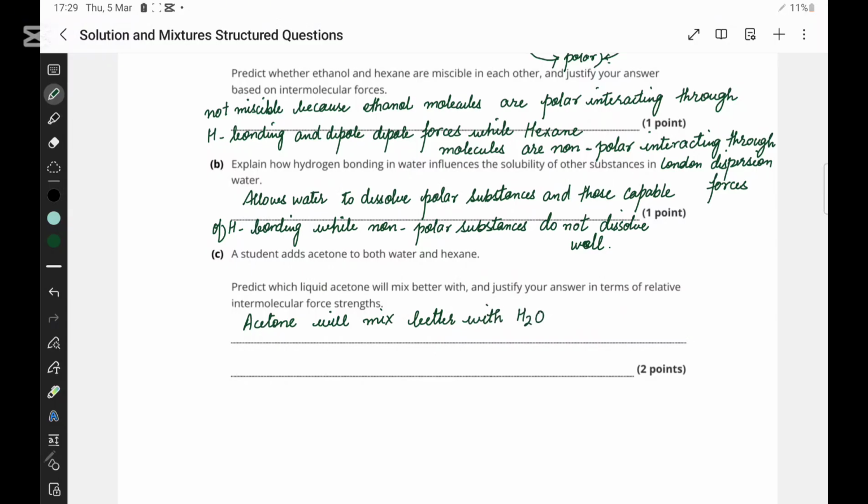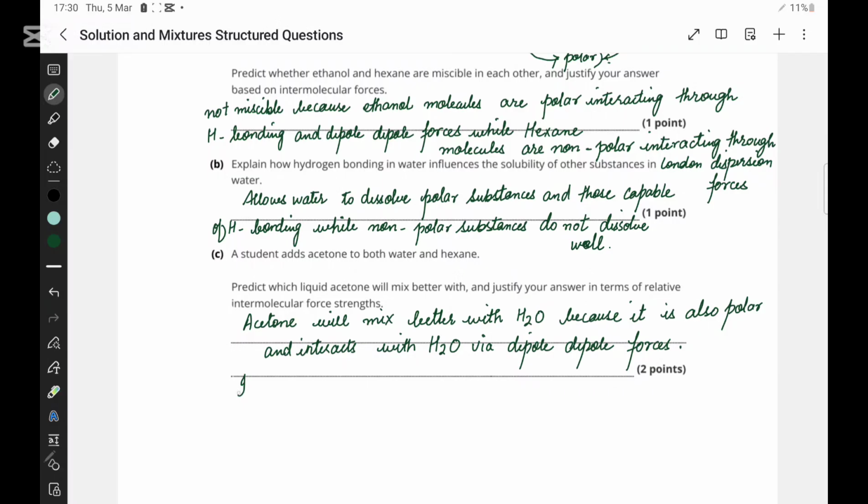The reason is that it is polar, and it interacts with water via dipole-dipole forces.